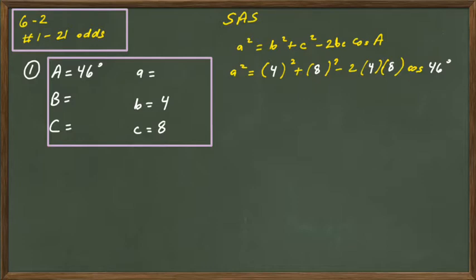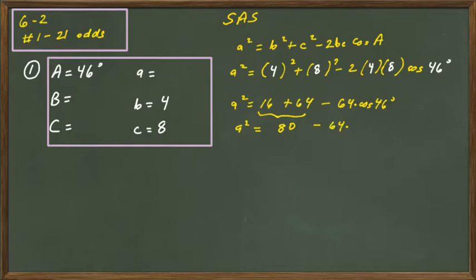So that gives me A squared equals 16 plus 64 minus 8 times 8 is 64, cosine of 46 degrees. If you add these, you really need to multiply first, but if I add these, I can keep them separate. I believe that adds to 80, isn't it?